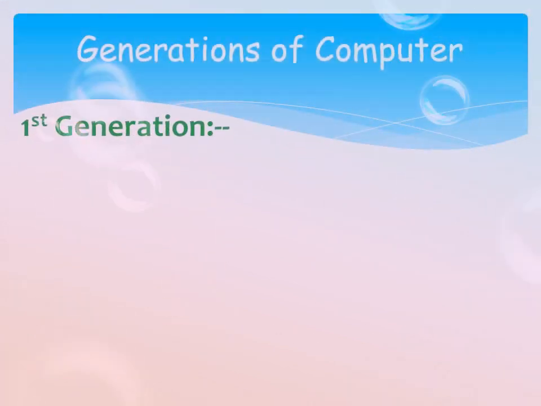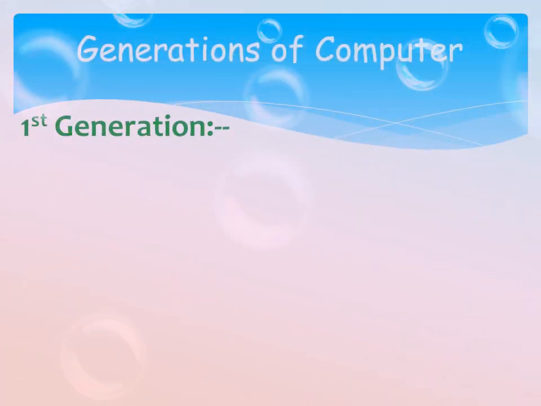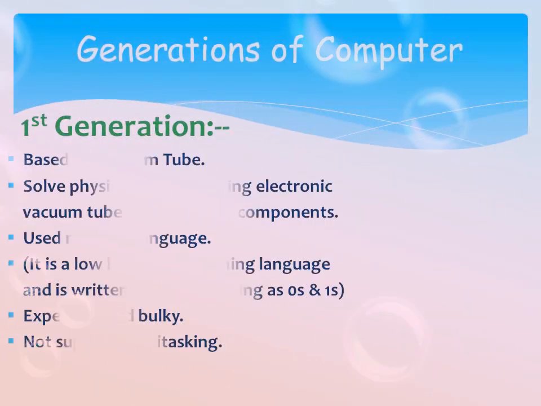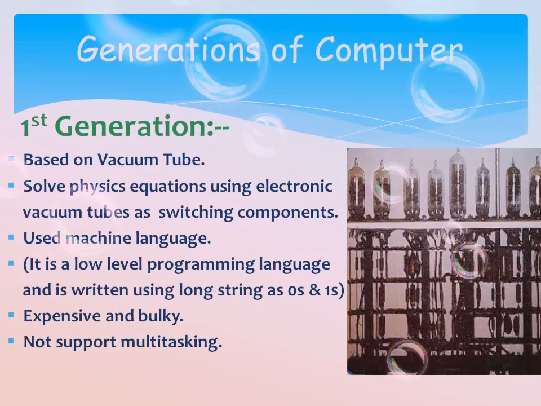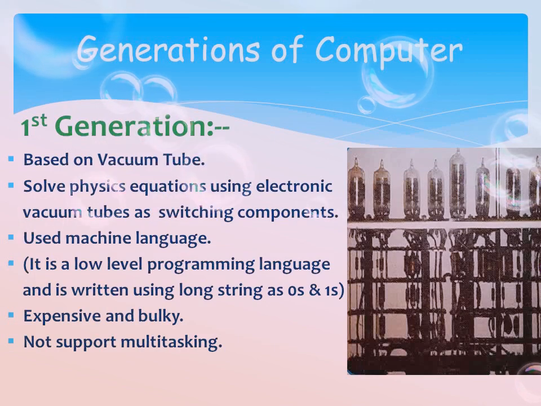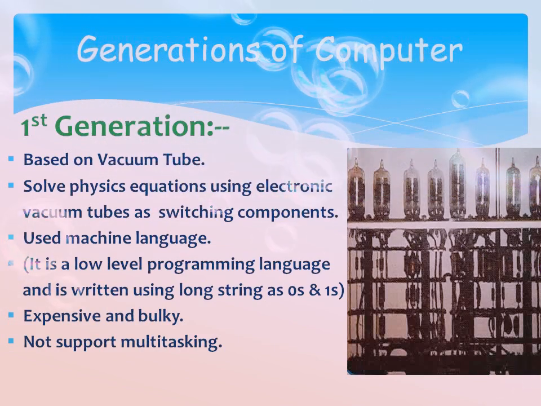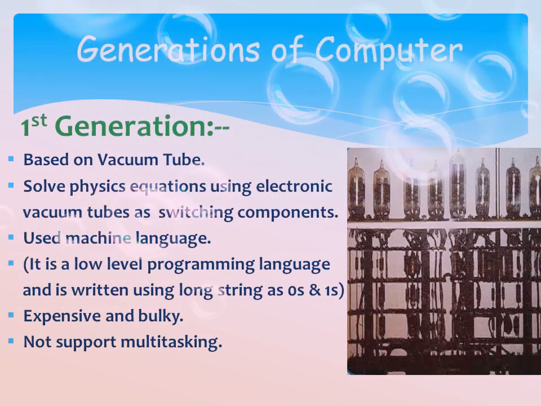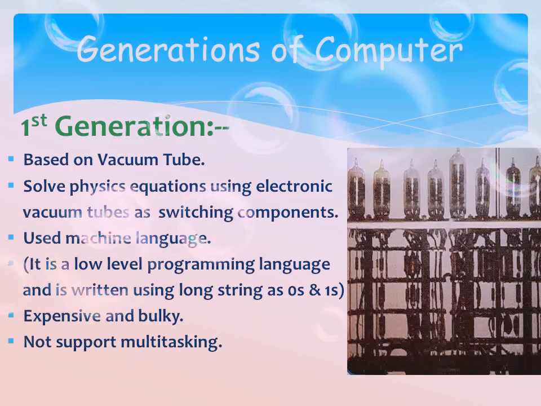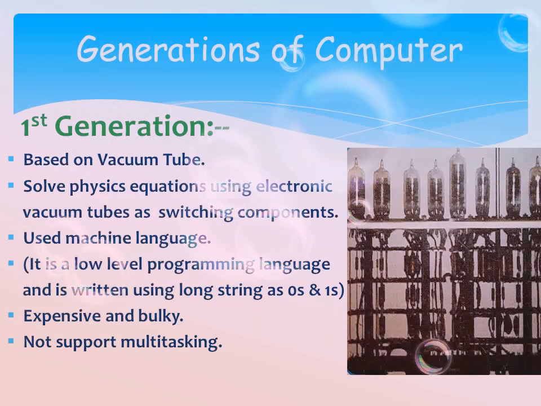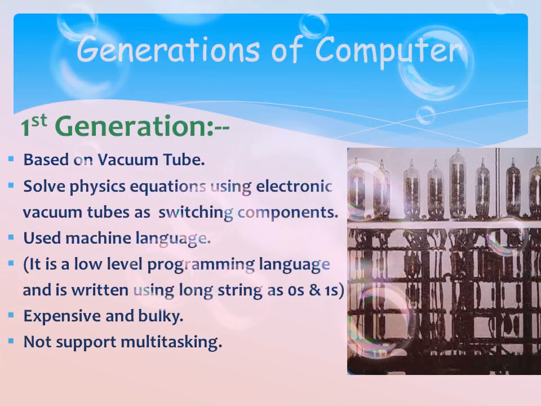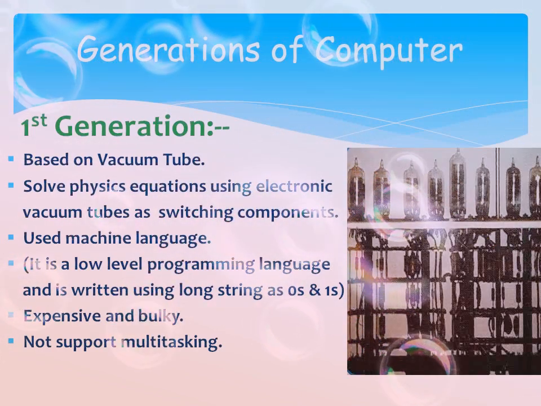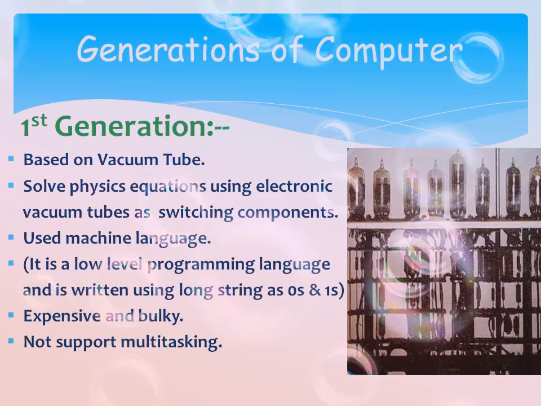First generation computer. It is mainly based on vacuum tubes, and the first generation computers were built to solve physics equations using electronic vacuum tubes as the switching components. The first generation computers used machine language.